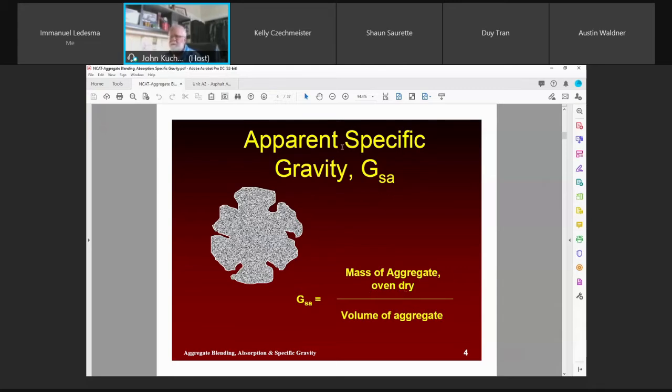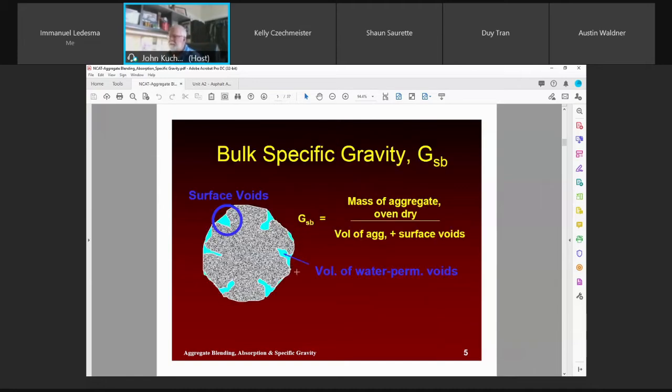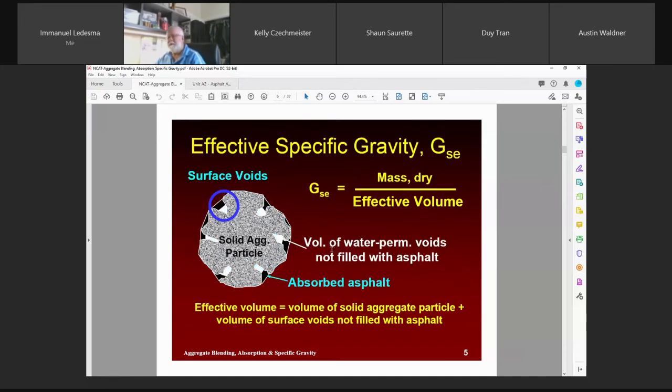So here it is, apparent specific gravity. Here's our bulk specific gravity, and this is how we determine it. It's the mass of aggregates that are oven dry plus the volume of the aggregate plus the surface voids. Effective specific gravity. It's the dry mass divided by the effective volume.